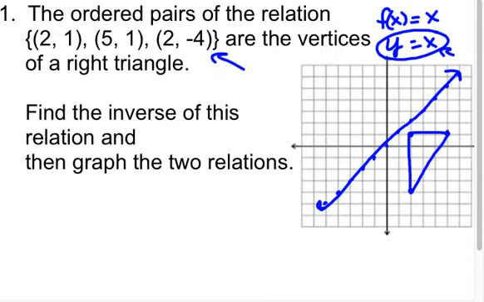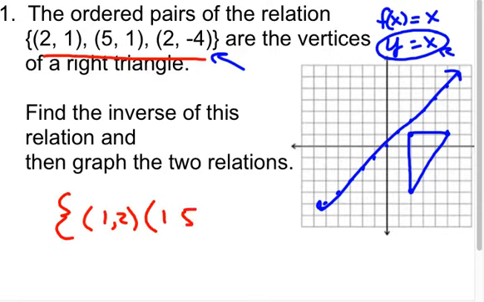We'll graph the inverse of this relation. First of all, what is it? Flip the x's and y's, so (1, 2), (1, 5), it's very easy to find, and then (-4, 2). (1, 2) is this point right here. (1, 5) is this point right here, and then finally (-4, 2).